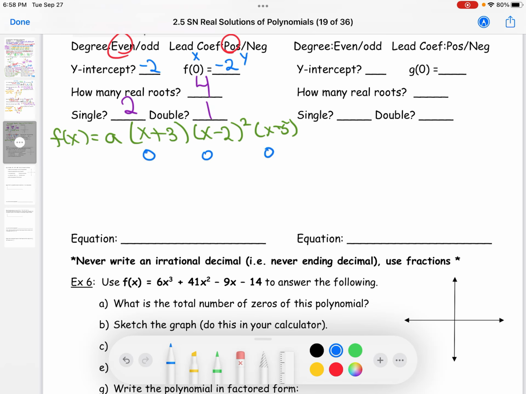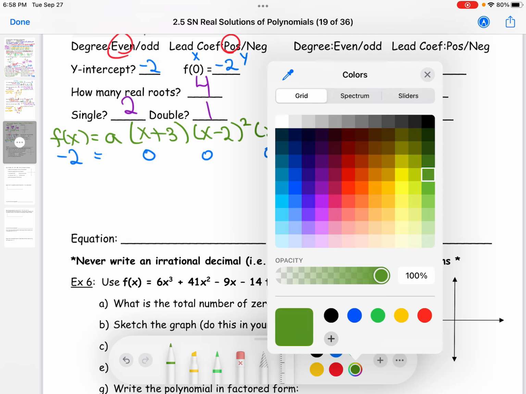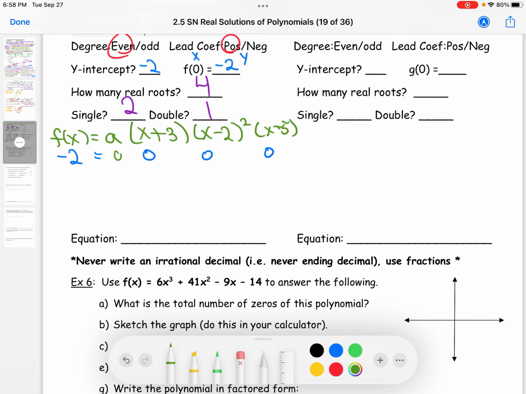So we will plug in a 0 everywhere there was an x, and that answer will be -2. And I'll get the rest of the equation on here for you. A is what we're trying to find. 0 plus 3, 0 minus 2 all squared, 0 minus 5.